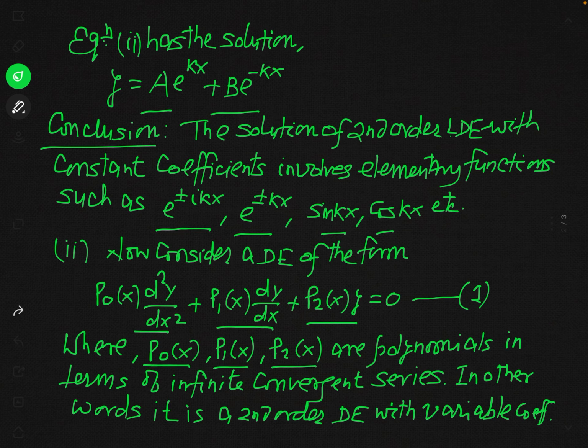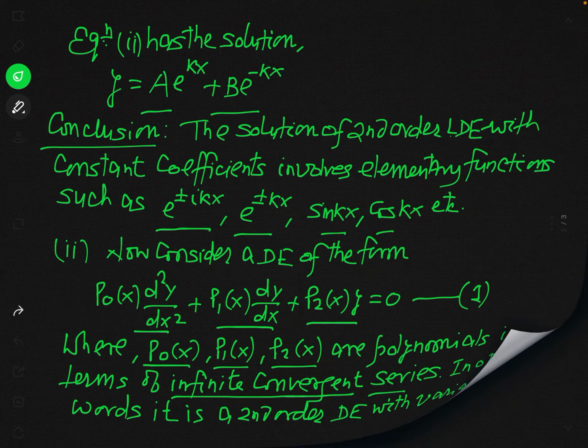In this equation, p naught of x, p1 of x, p2 of x are actually polynomials in terms of infinite convergent series. Remember, these are not infinite divergent series. Divergent series will not be a valid solution. These are actually infinite convergent series.